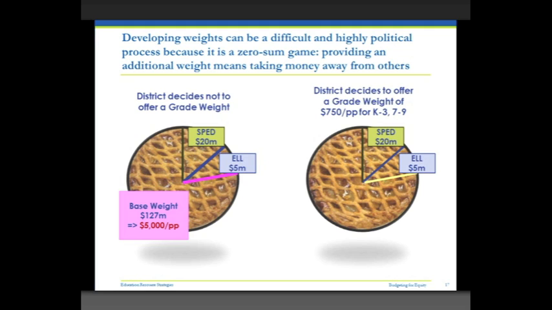That costs an additional 15 million, which brings the base weight for all the rest of the students down to 4,500. When you run all these different scenarios, oftentimes some schools get to a point because they have so few of these students that get additional weights where they can't operate in traditional ways on this amount of money, which begs a really important set of questions that we'll talk about later.